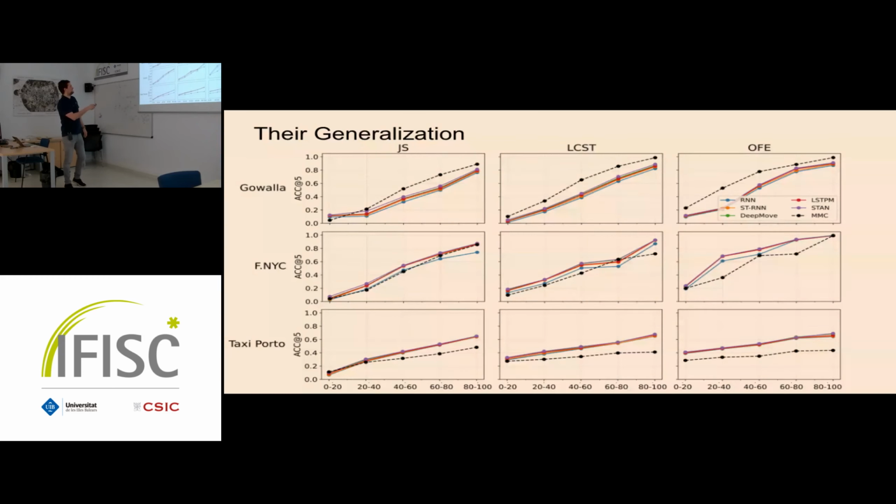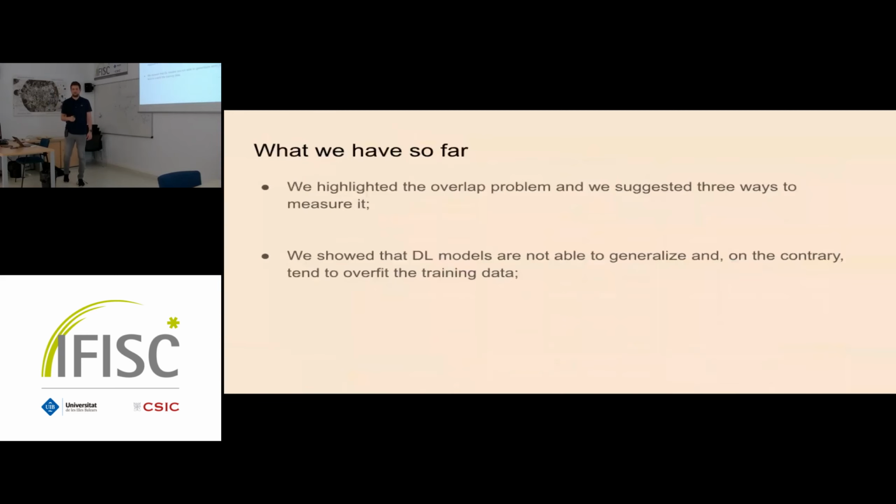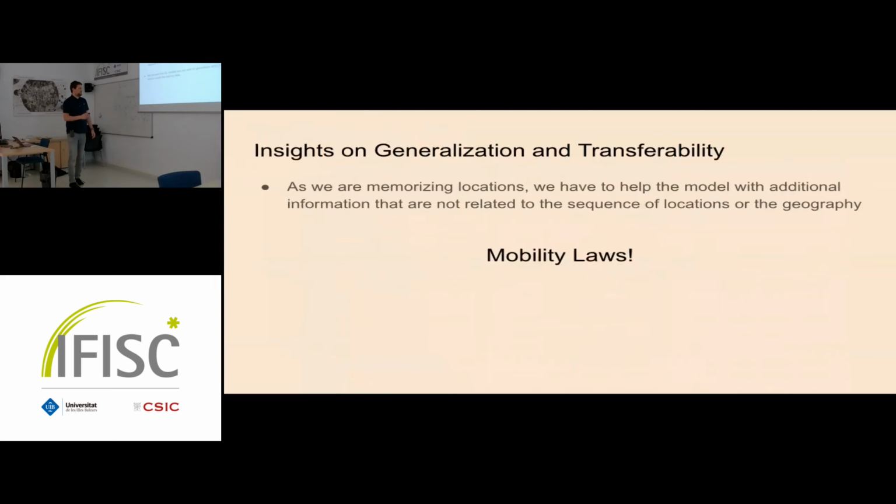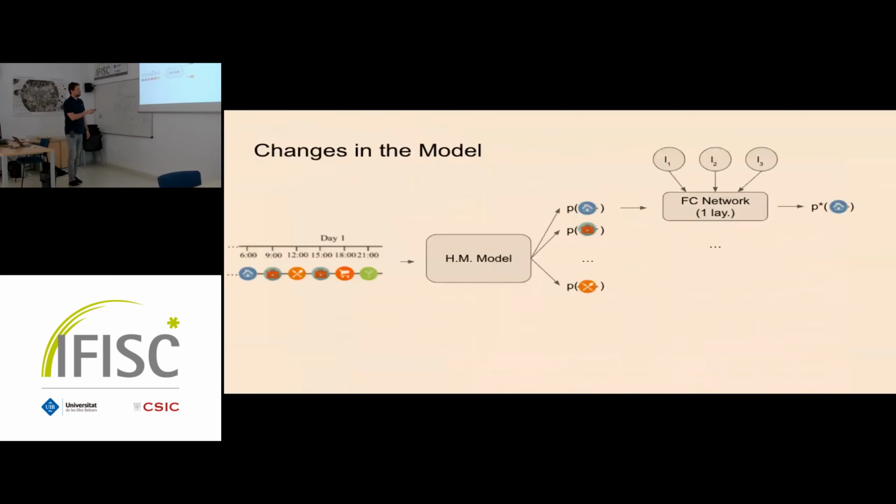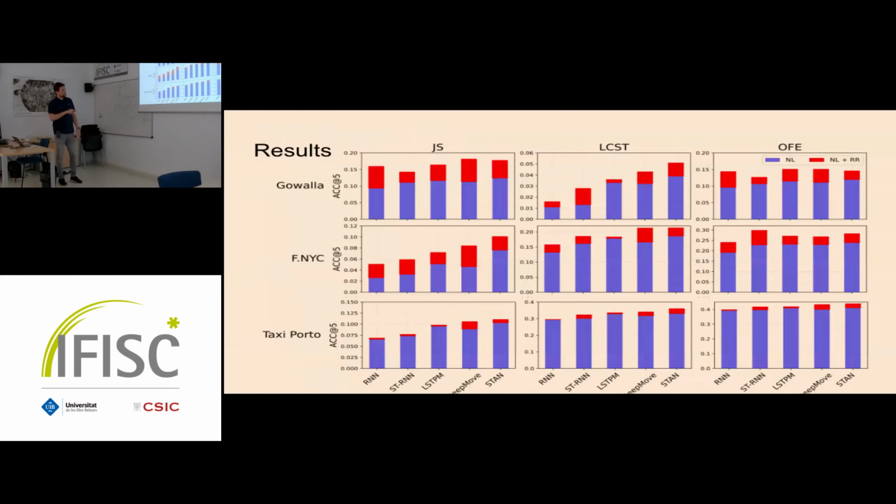So, for example, there are data sets like Gowalla in which, if you do a standard preprocessing, the Markov chain is well above the deep learning models in many cases, okay? But well, yeah, apart from that, we have to operate on such probabilities, and this is kind of an interesting result in that sense.